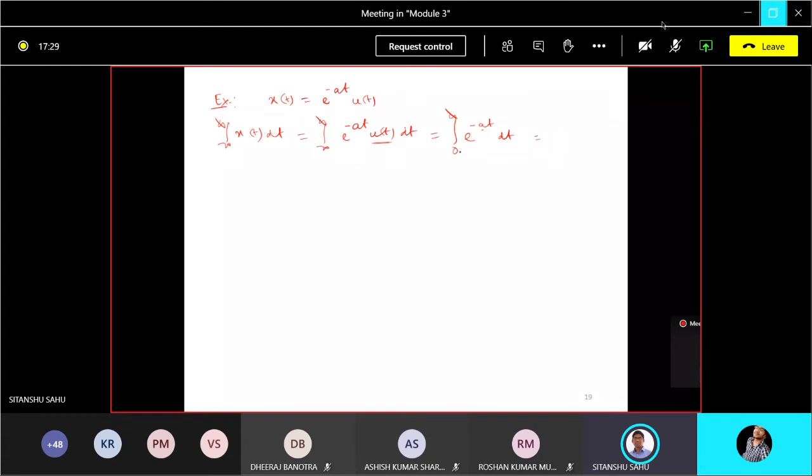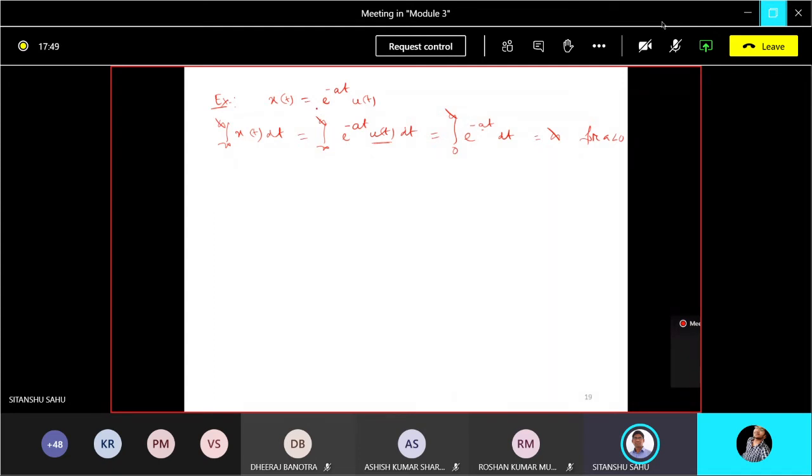So the integral of e to the power at from 0 to infinity goes to infinity. So for a less than 0, I cannot go on finding this x of t because it is not going to be a bounded one.